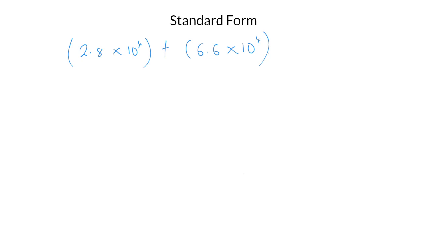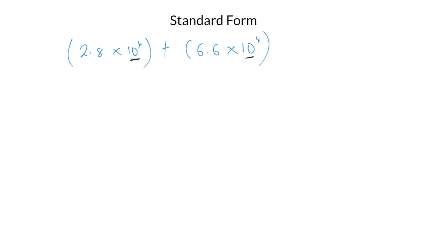If you are adding numbers, the only thing you have to think about, which is really going to help you, is if the powers of 10 are not the same, it's actually difficult to deal with problems like this.